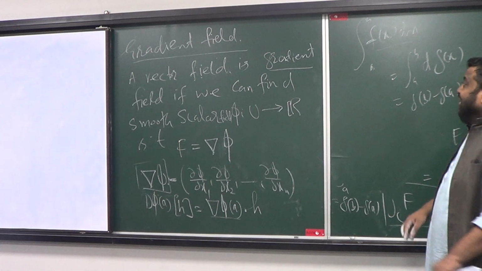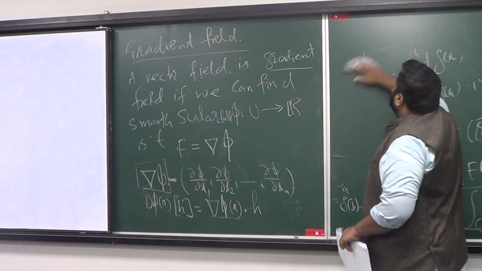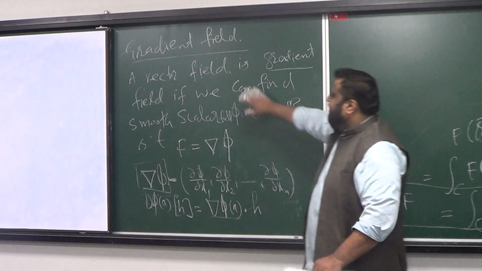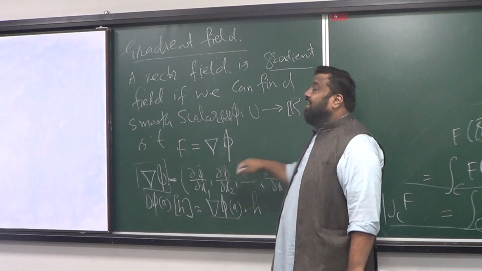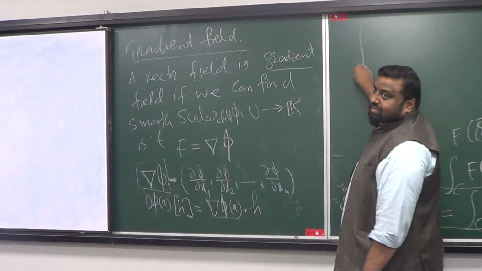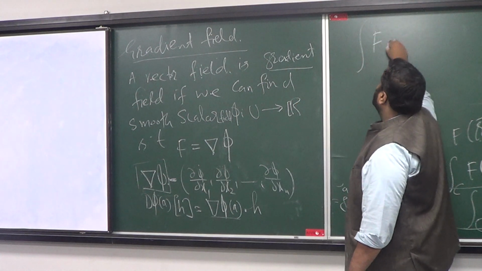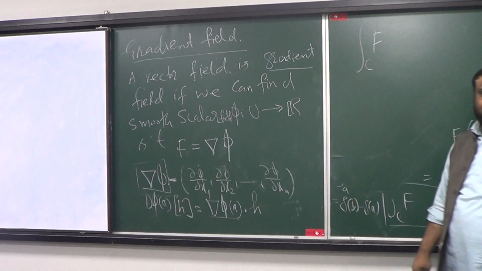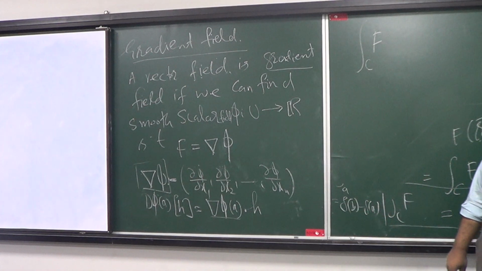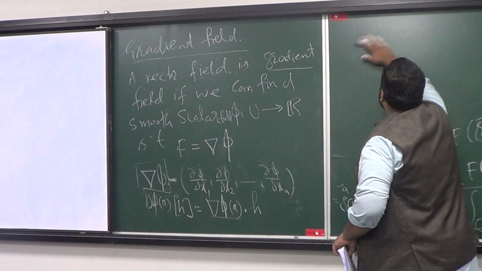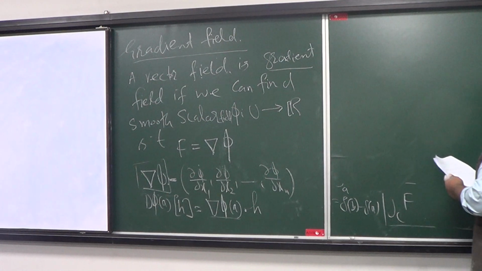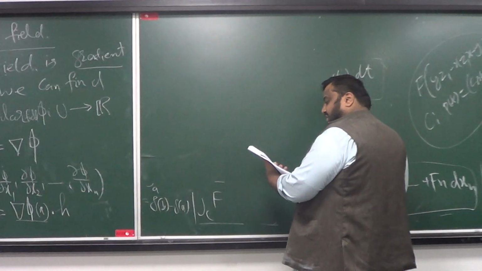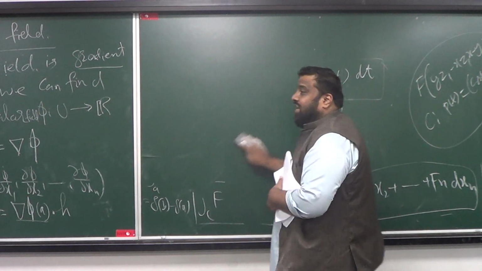Take it? So you want to do precisely the same. Now imagine I have a gradient field, which is a gradient of a scalar field, and I would like to integrate such a field. So I would like to write this result in the form of a theorem, and this theorem we call, as he is calling it, the second fundamental theorem of line integrals.